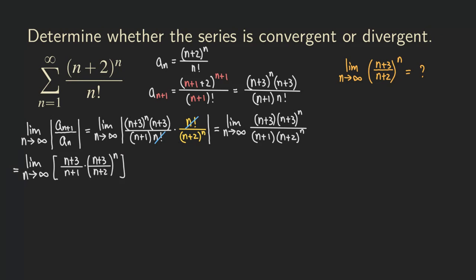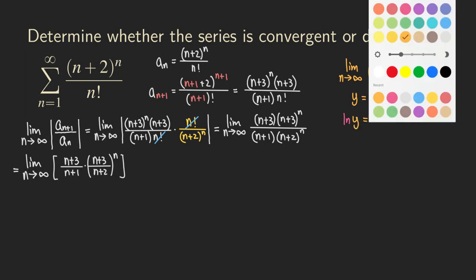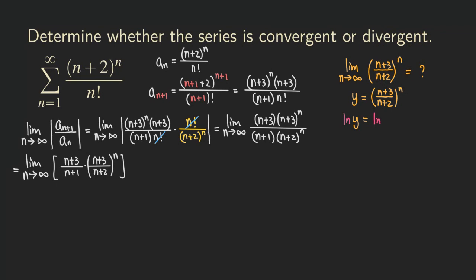First, we let y be equal to this function, n plus 3 over n plus 2 to the n power. Then we take the natural log on both sides, so we get ln of y equal to ln of this expression right here.